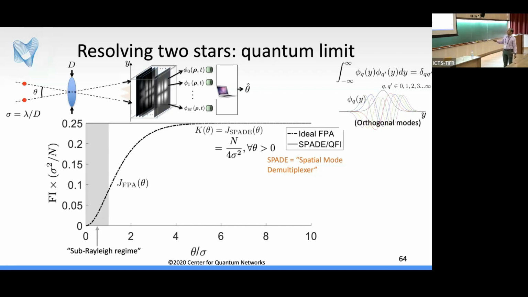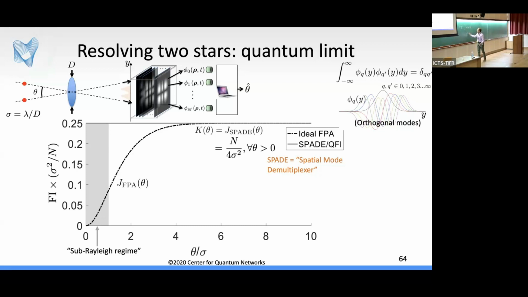You build a mode sorter. So what is a mode? You take an electric field and you can express any field in some orthonormal basis. So let's say I choose to represent my field in the Hermite-Gauss basis. I can express it in any orthogonal basis. So this is the basis, meaning what?